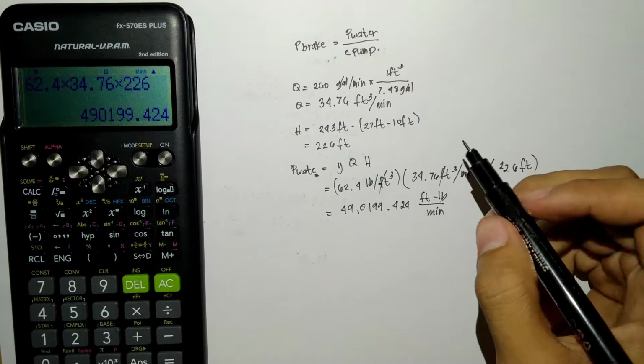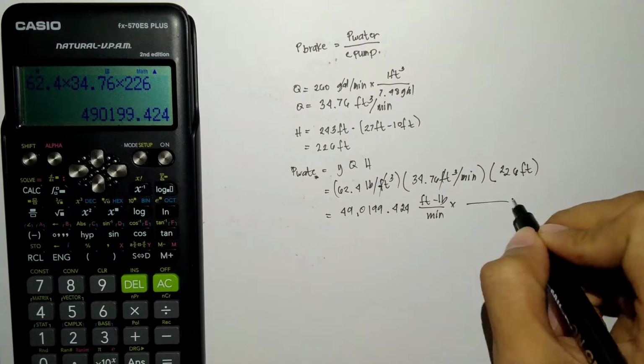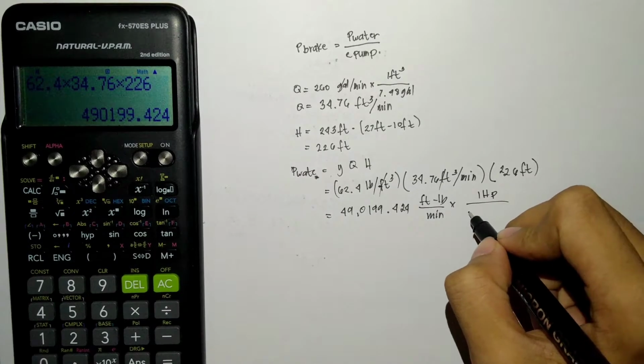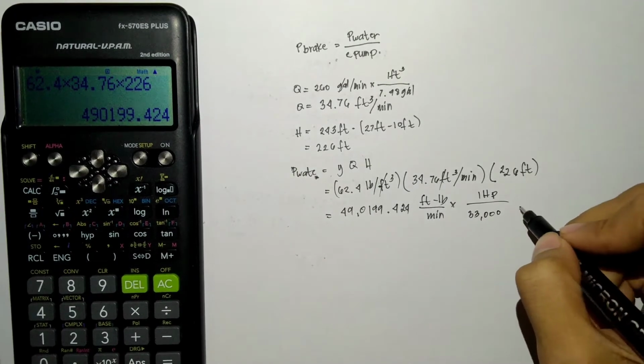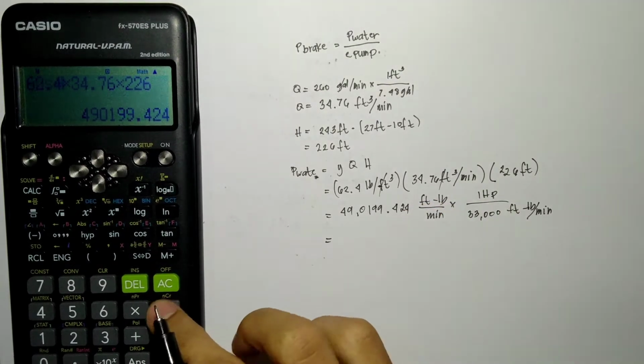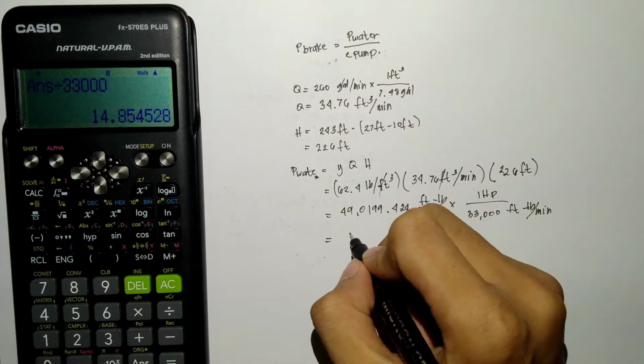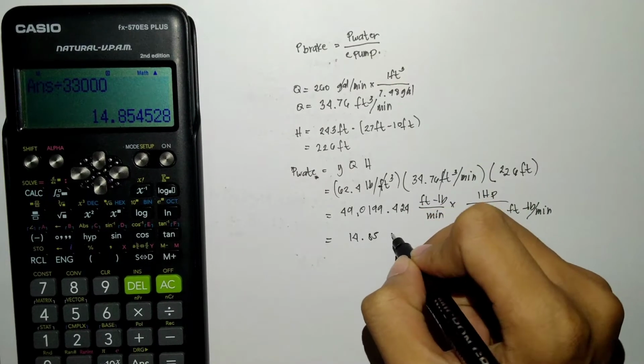So convert this to HP. We have 1 HP is equal to 33,000 foot pound per minute. So divide by 33,000. We have 14.85 HP water power.